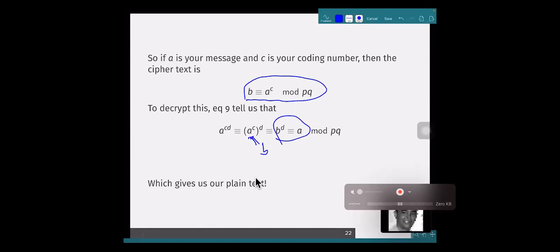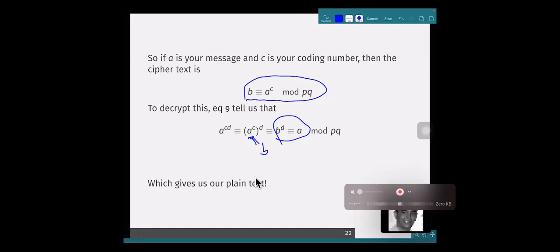So this is the foundation of RSA. It tells you why RSA works, why the private key is able to decrypt your ciphertext.